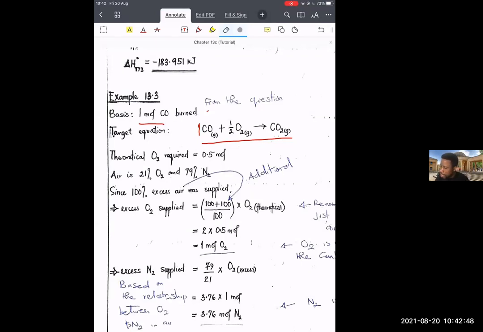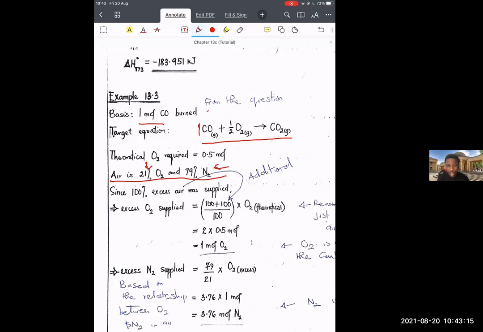It's 21% of the air that is used for the combustion. That's why we need to incorporate that. We'll see that later on. If we relate that to nitrogen, 21% is oxygen, the rest is nitrogen.